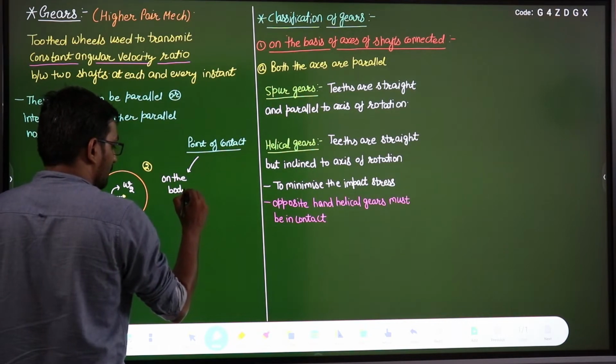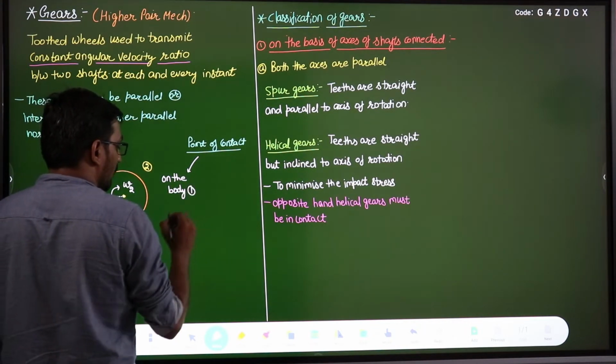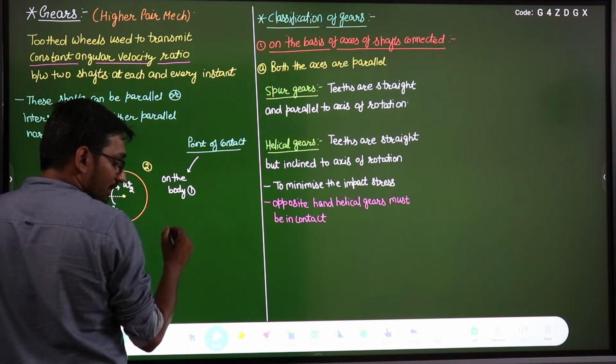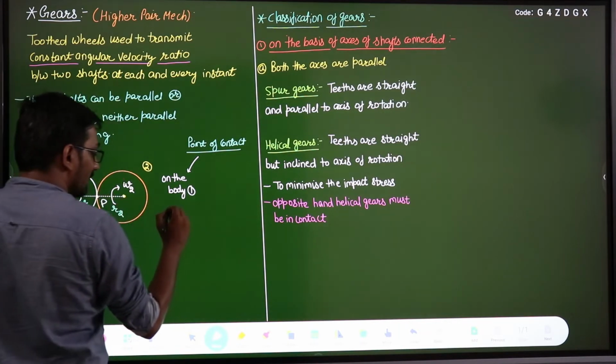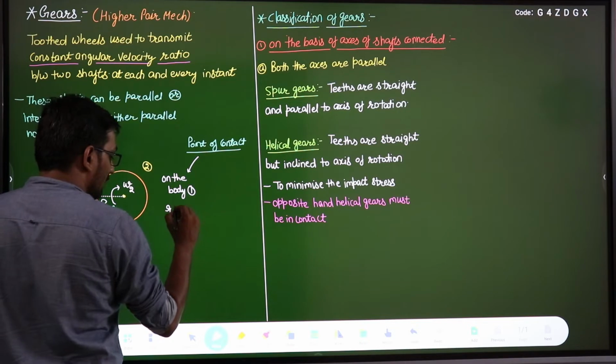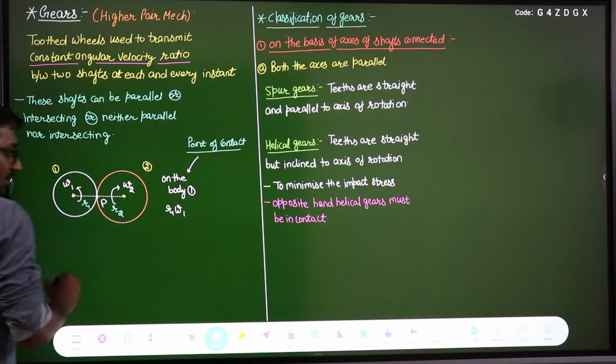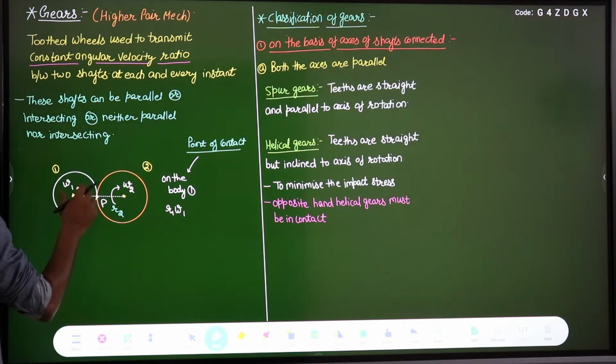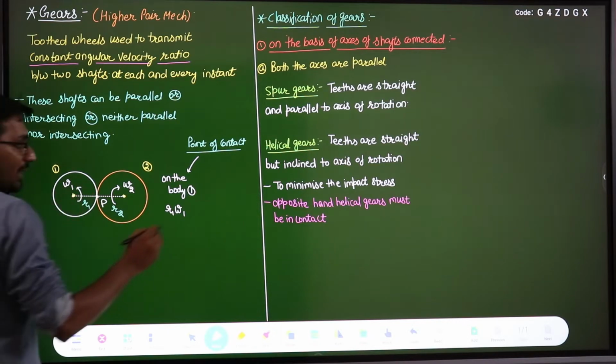If this point of contact is on body 1, then the velocity of this point P will be equal to R1 omega 1. This is the radius, this is omega 1, so the velocity of this point will be R1 omega 1.